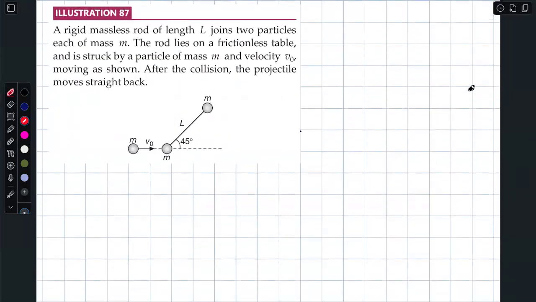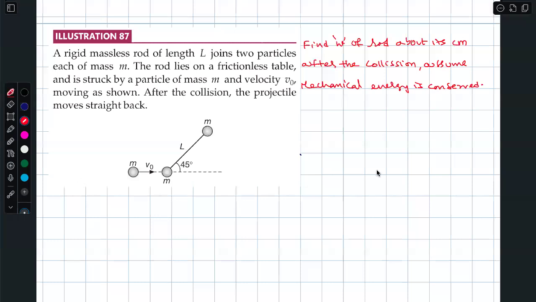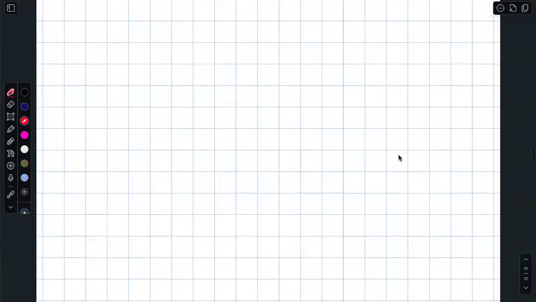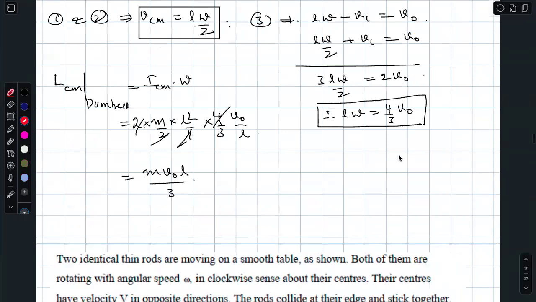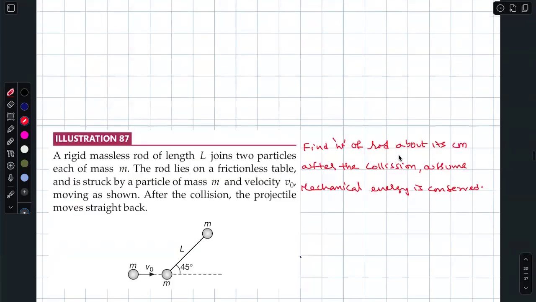Today I'm discussing completely point mass collisions. Please go through this question clearly. You have a rigid massless rod of length L. I don't see any difference between the one which I have done right now and this particular question.